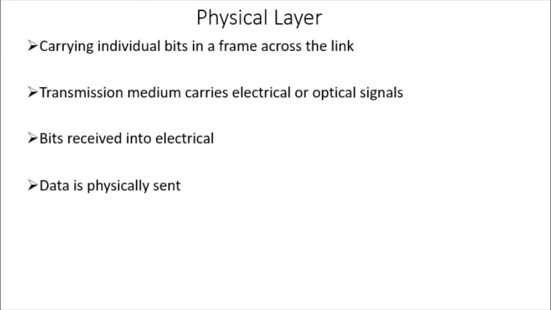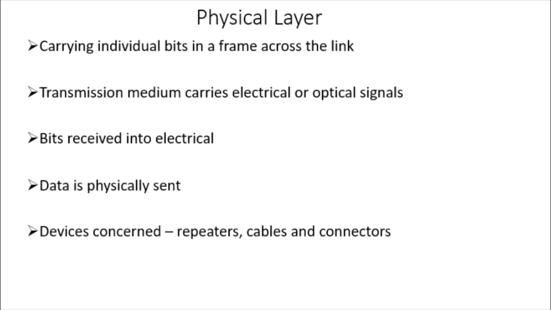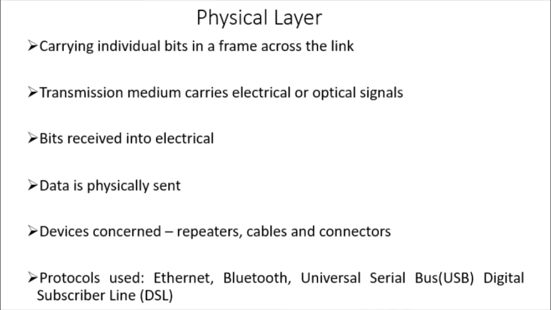Data is physically sent over the network. Devices connected here are repeaters, cables, and connectors. The protocols that are used in the physical layer are Ethernet, Bluetooth, Universal Serial Bus, which is USB, and Digital Subscriber Line, which is DSL.